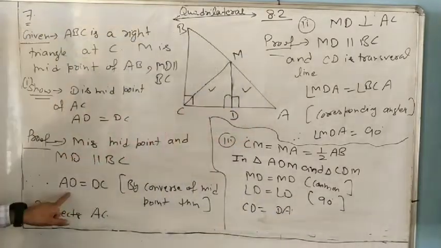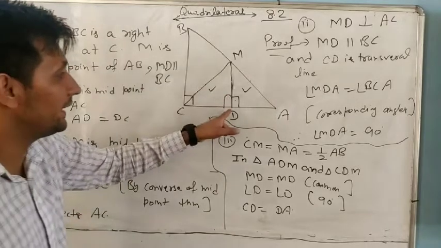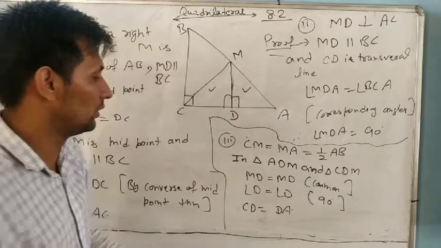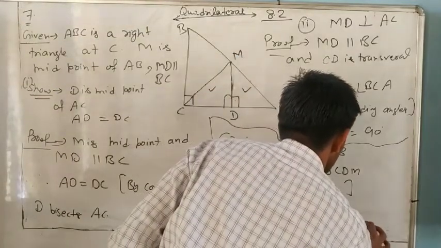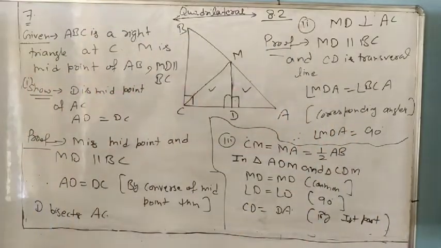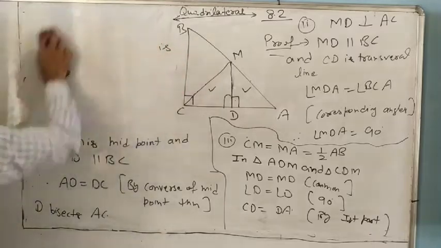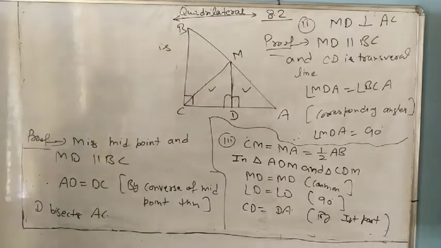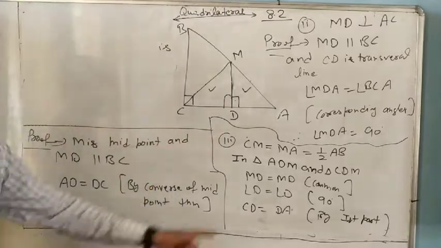Yes, we already proved that in the first part: D bisects AC, so CD equals DA by the first part. Understand? What is given in the question? This one. So CD equals DA.